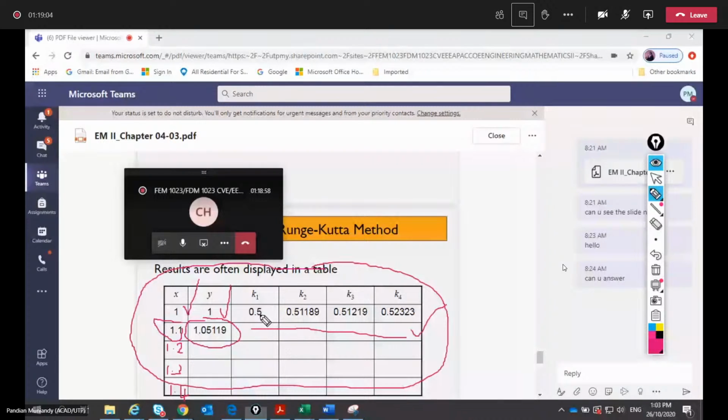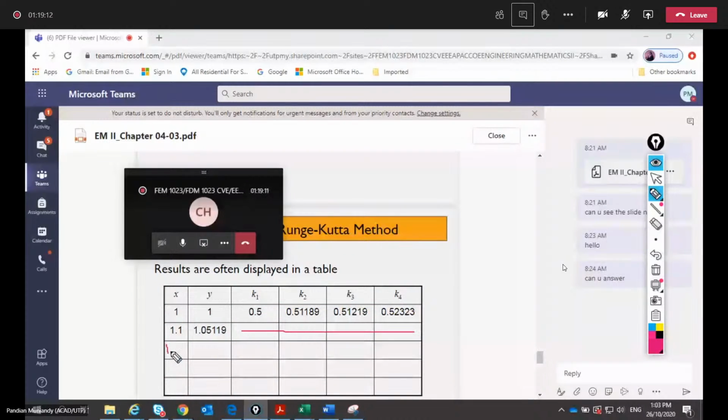Now, this one you have to fill up to calculate y at 1.2. Here, write down 1.2. So this one you have to fill up. I put the question mark, so this one is not yet done.